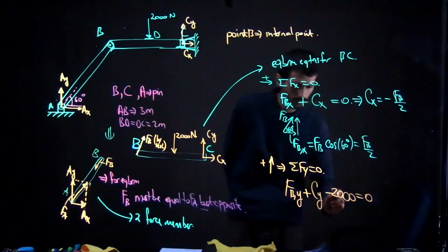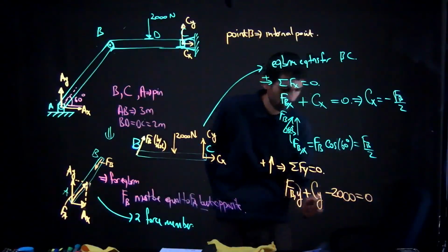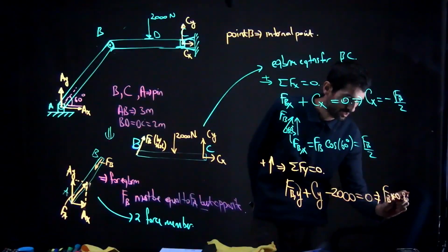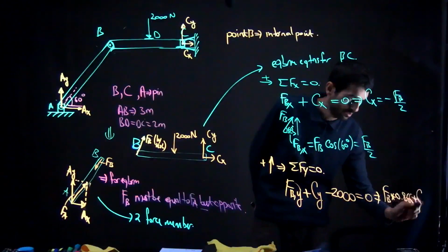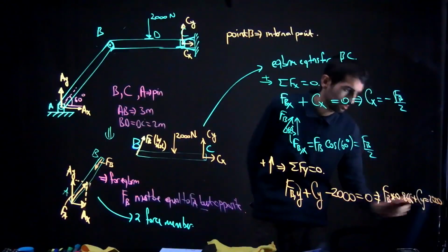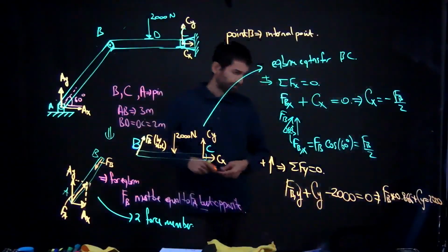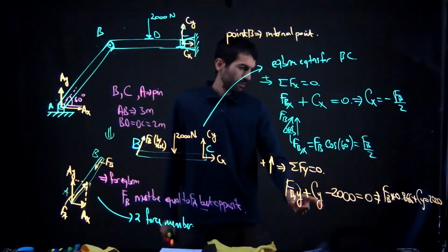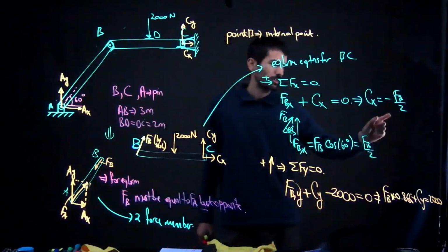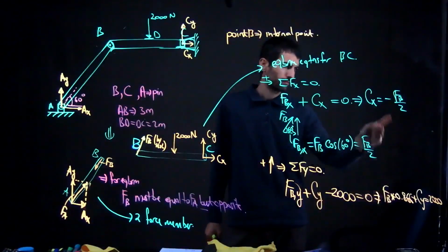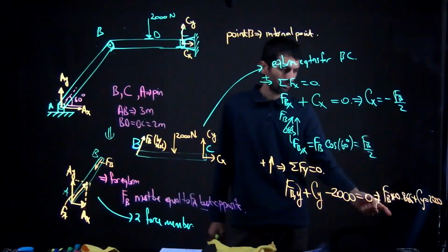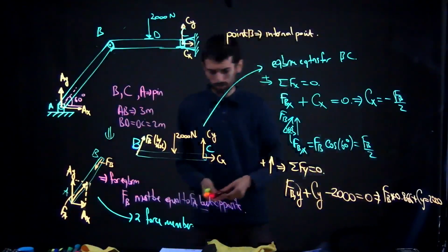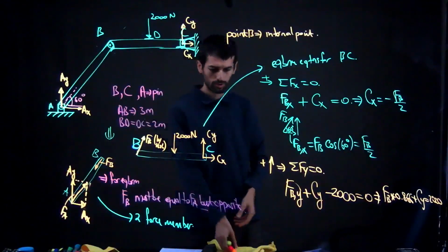We said that this one is FB sine 60, so that will be FB times 0.866 plus Cy is 2000. That is for the y direction forces. As you can see here, we have 3 unknowns, which are only FB, Cx, and Cy, but 2 equations. So it means that we need one more equation.